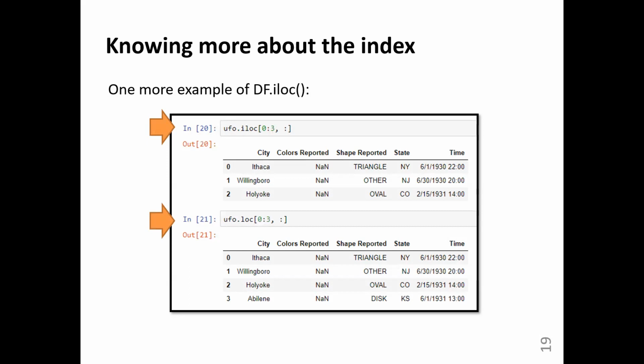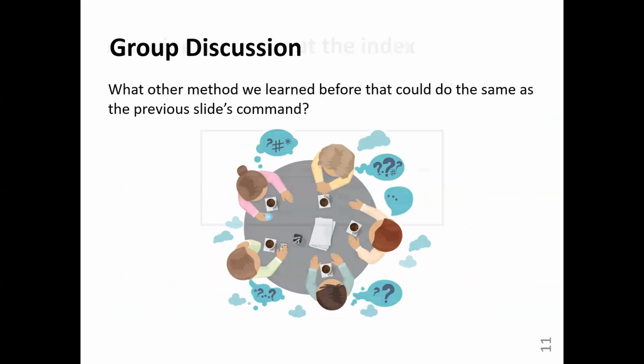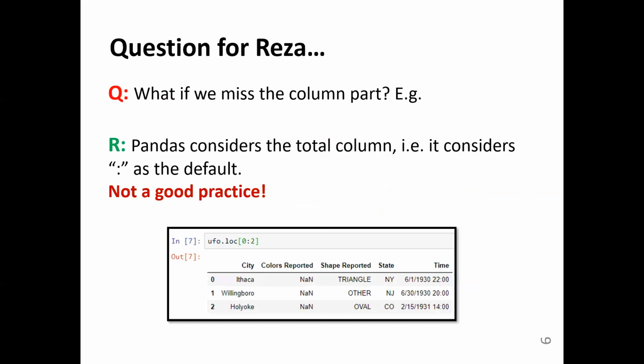And yes, Stefan? Sorry, what's the purpose of adding the colon at the end? You can just ignore it, but as I said almost 15-20 minutes ago, it's not good practice. Let me bring it up quickly. Yeah, I recall you showing it, the last line. So here I said it's not good practice if you do not say comma, colon.